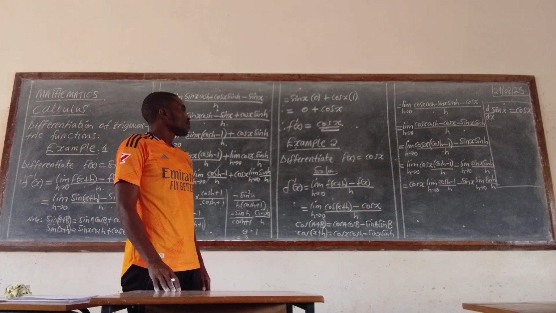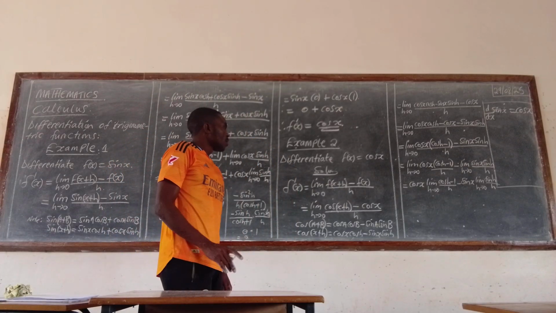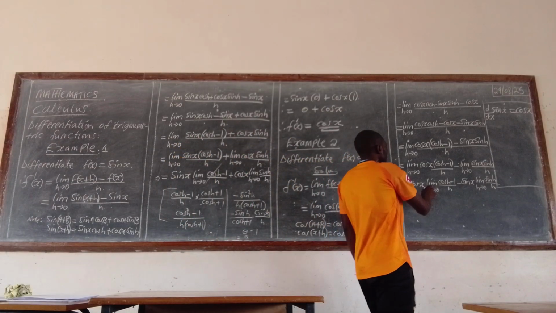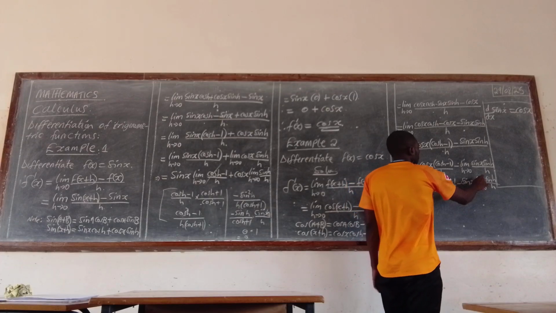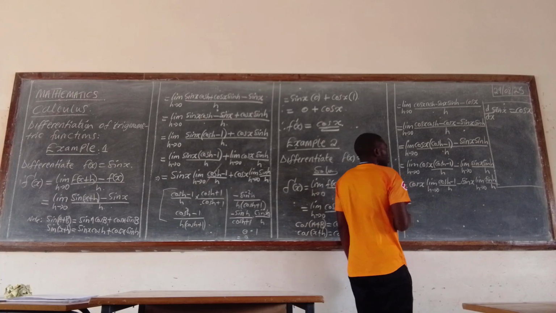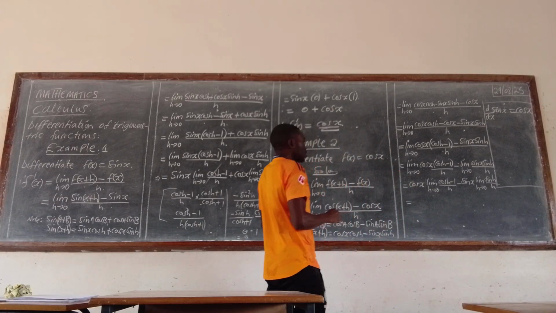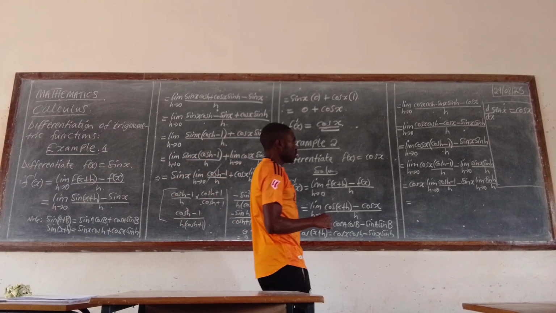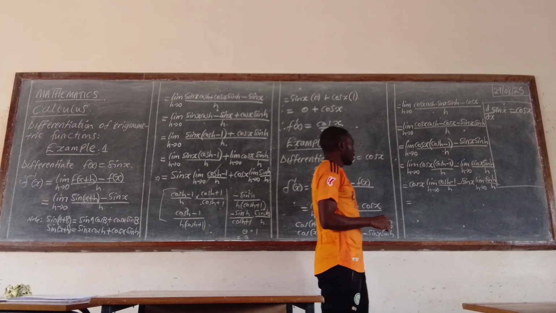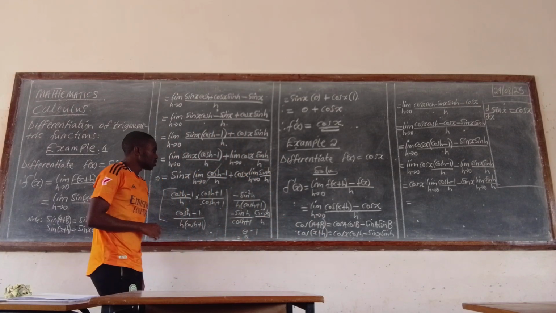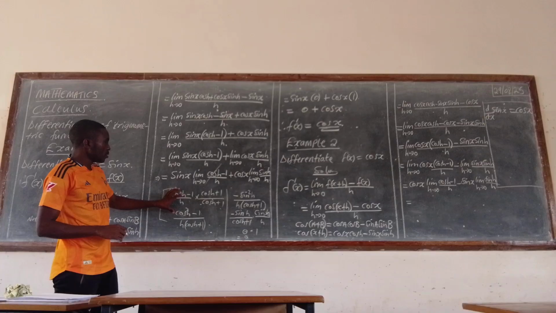At this stage now, we are going to simplify the limit. We know from the previous example 1 that we worked out this one, where we had to conjugate it here.